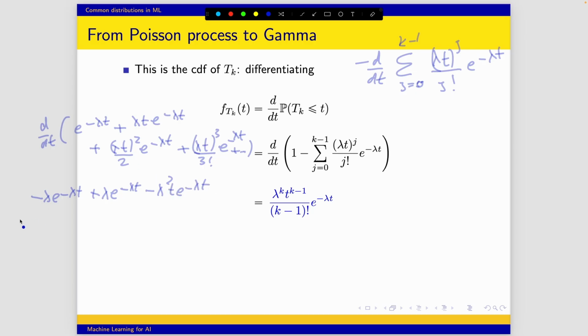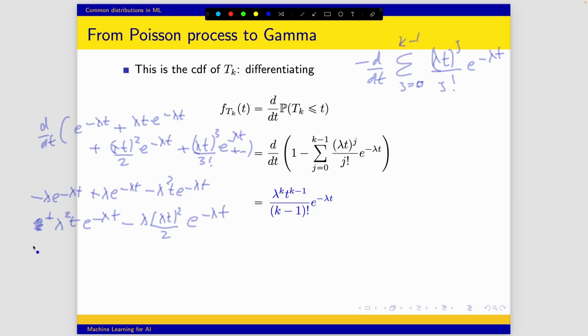Now from this one, we get 2, and that will cancel this 2 when we differentiate the t squared. We get lambda squared t e^(-lambda t). And then minus lambda times (lambda t)^2 over 2 times e^(-lambda t).